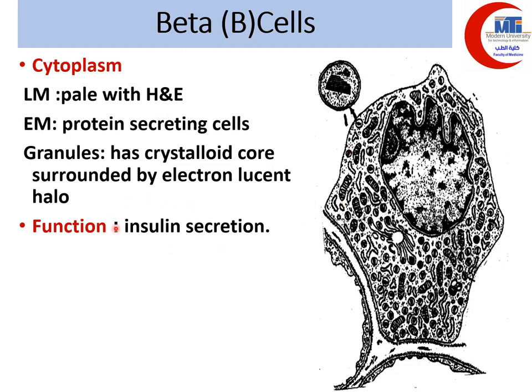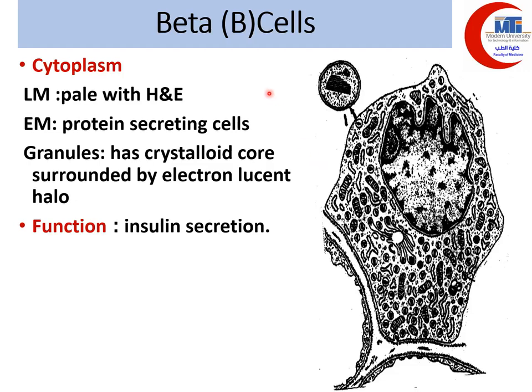This hormone is protein in nature, so the EM picture of beta cells is the same as protein secreting cells. What is the electron microscopic picture of protein secreting cells? Protein secreting cells must contain a well-developed rough endoplasmic reticulum, well-developed Golgi apparatus, and membrane-bound secretory granules that contain the protein released from the Golgi apparatus. The granules are different from cell to cell.